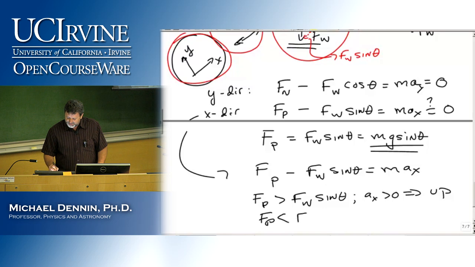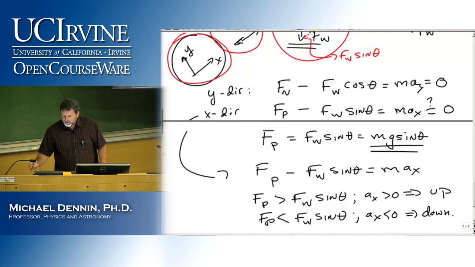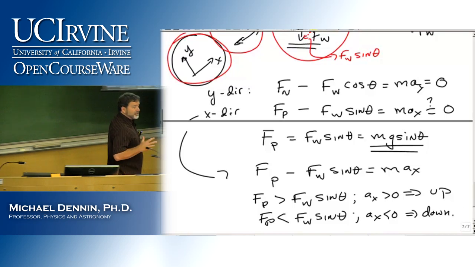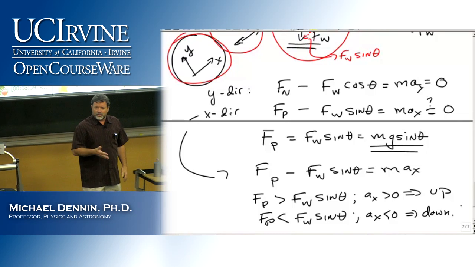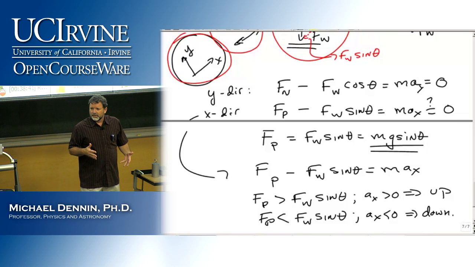If Fp is less than Fw sine theta, then a_x is less than 0, and I go down the ramp. So unlike the case of friction, it's not like there's a range of pushing I can use and it won't move. And there's a maximum value that keeps it in place.